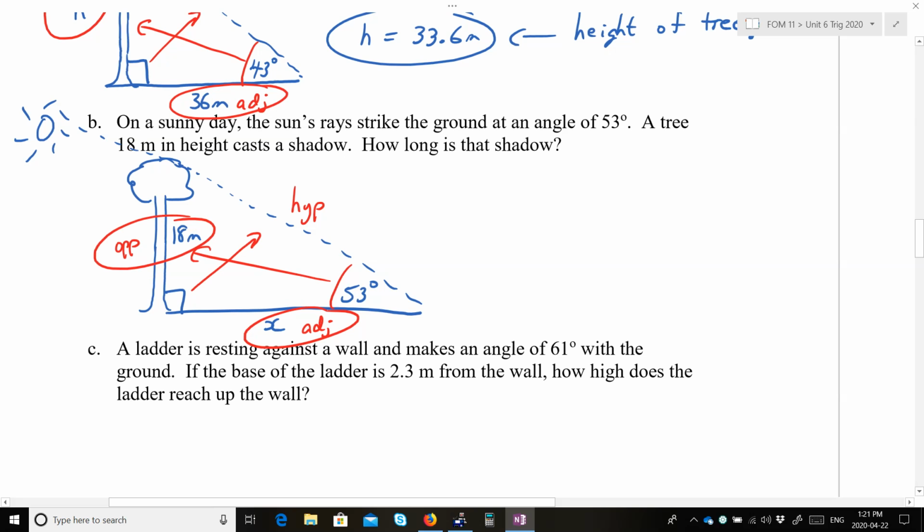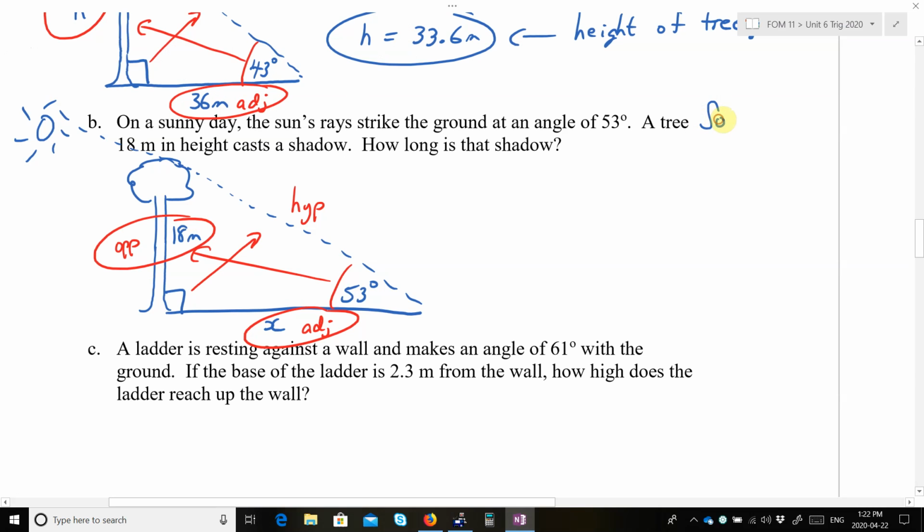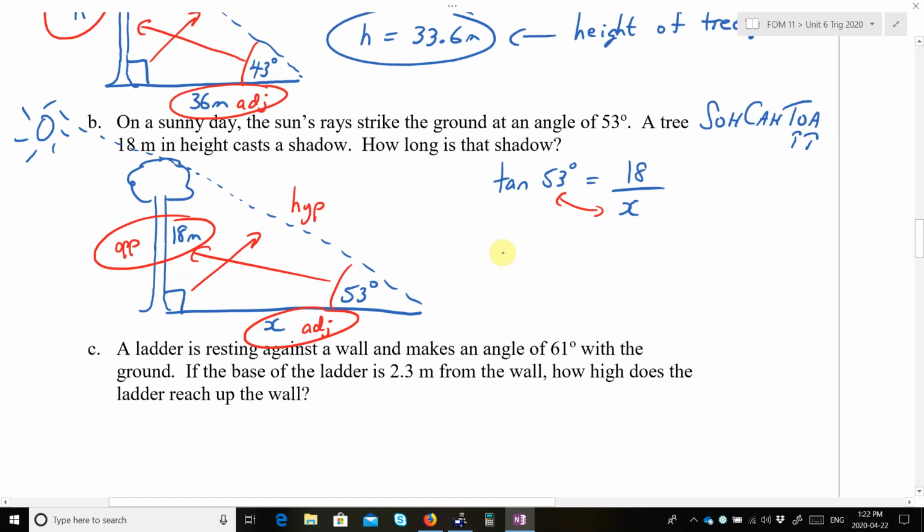Okay, so which trig ratio deals with opposite and adjacent? That would be tan. So we would go tan of 53 degrees is equal to the opposite side is 18. The adjacent is the length we want to find, x. Okay, so we set up our little equation like that, and those two will end up switching spots.